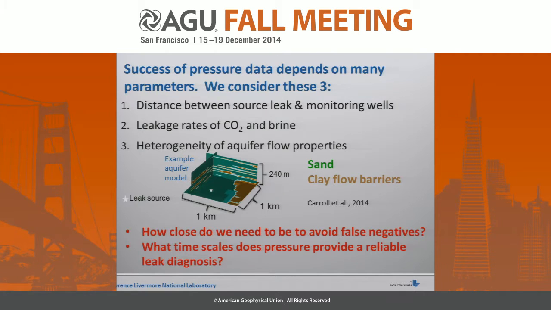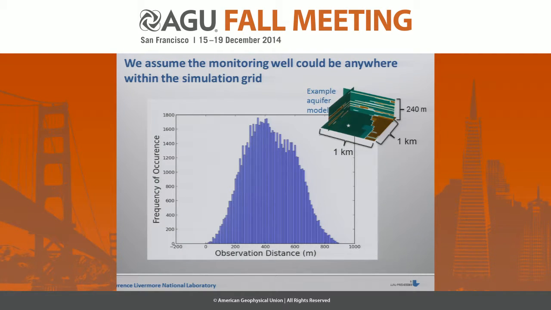To get at that first spatial question, we're going to assume that the monitoring well could be anywhere within the simulation grid. Our aquifer is 1 kilometer by 1 kilometer by 240 meters thick. Given that we have a fixed leakage location shown with this star, this is a distribution of the possible observation distances we might have.